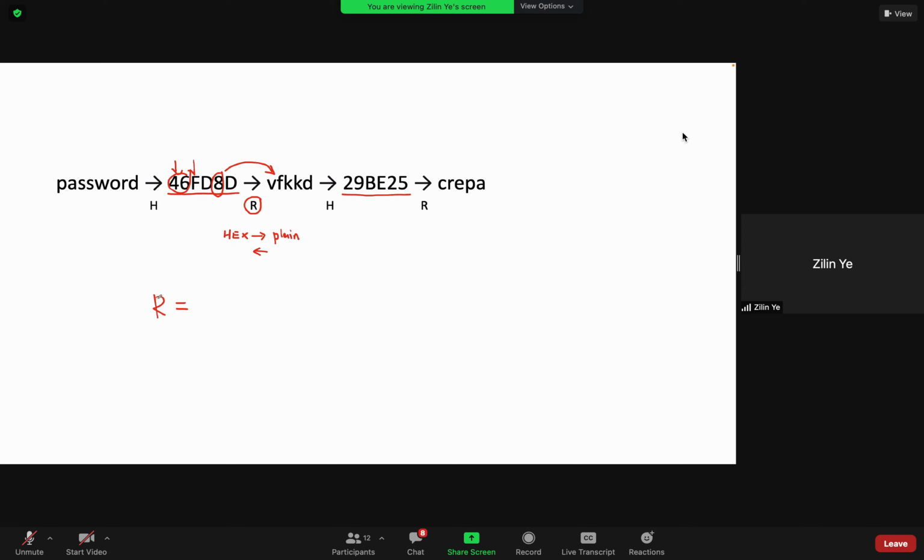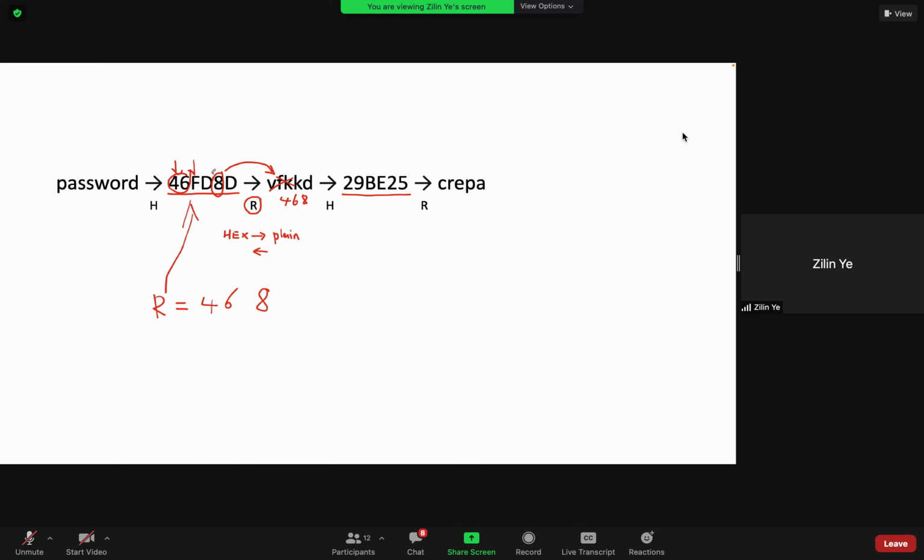So I will define my own R as taking all the numbers from a hexadecimal string. If I apply my reduce function on this input, then the output would be 4, 6, 8, and then I will just replace this with 4, 6, 8.